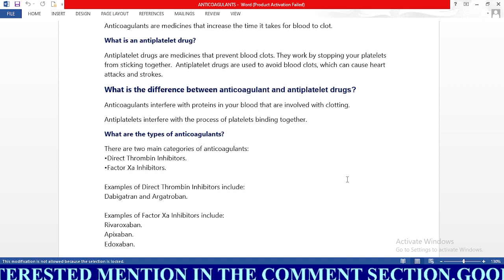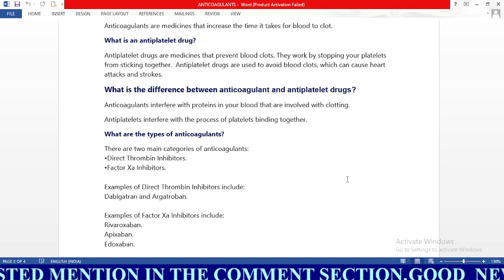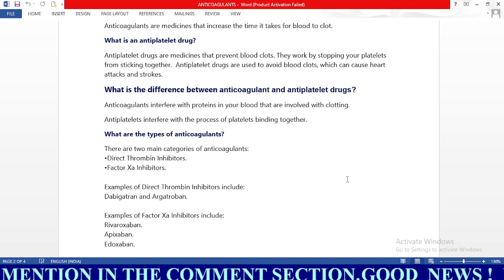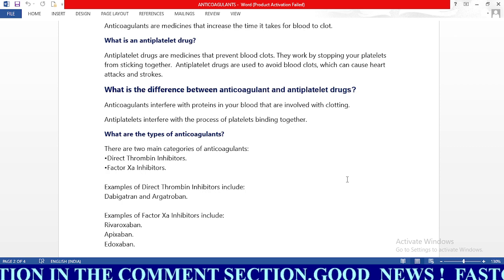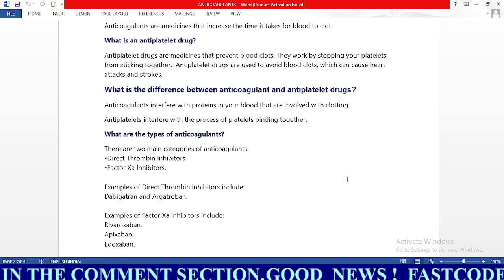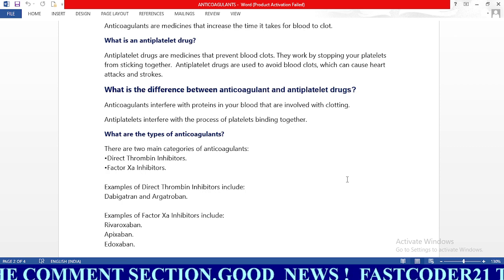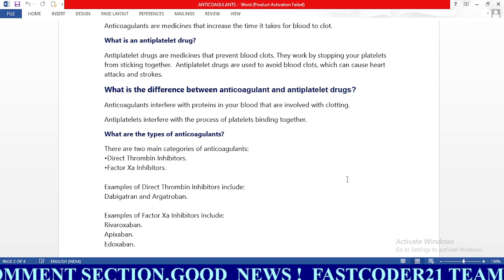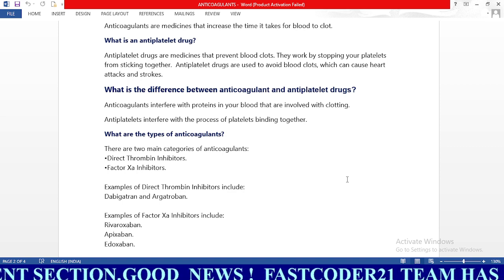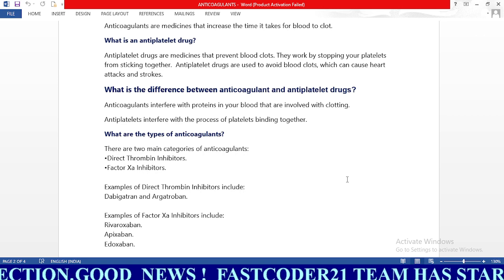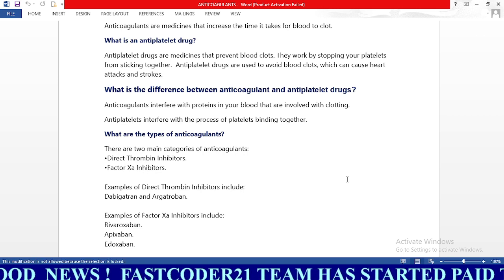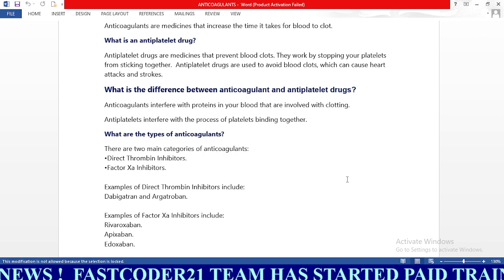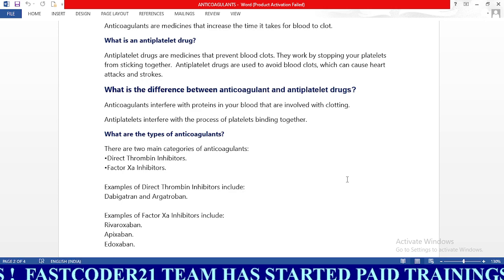Antiplatelet drugs work by stopping your platelets from sticking together. They are used to avoid blood clots, which can cause heart attacks and strokes.